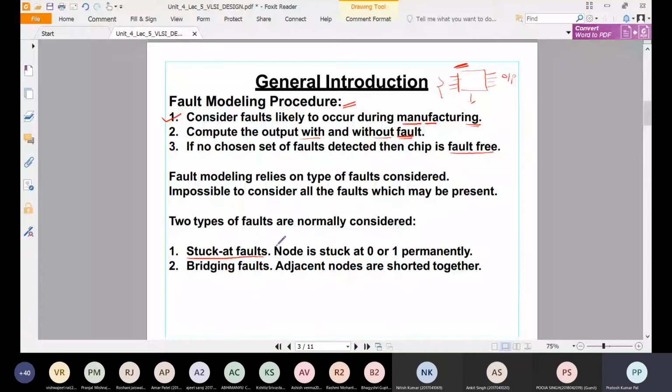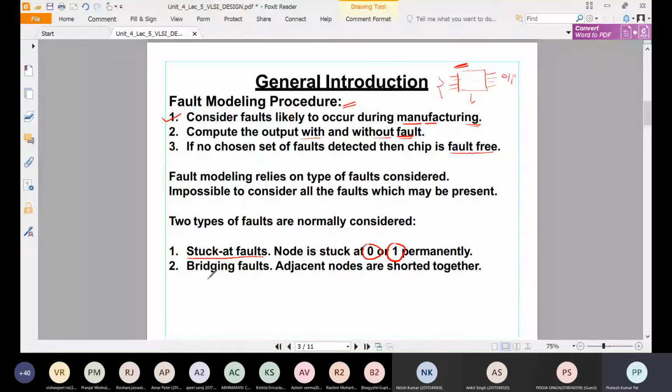So we have seen the faults can be stuck at 0 or stuck at 1. If it is stuck at 0, that particular node will always have a 0 value. If it is stuck at 1, it will always have a 1 value.